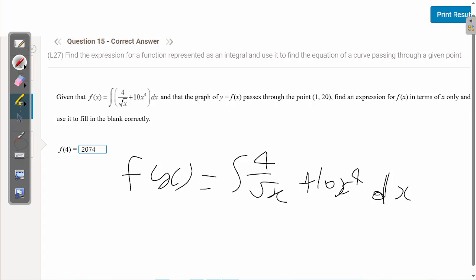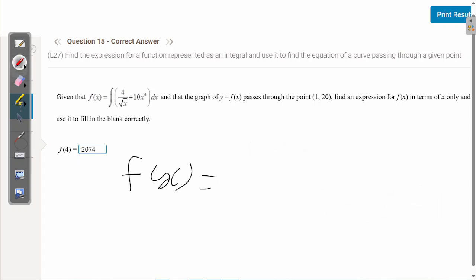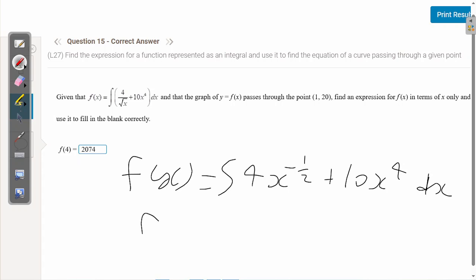So let's try to put this in the numerator so we don't get confused. So it will be the integral of 4x to the power negative half, right? Radical is the half, and when we bring it up, it's going to be negative. Plus 10x to the power 4 dx. Now, f of x is going to be equal to 4x to the power half over half.